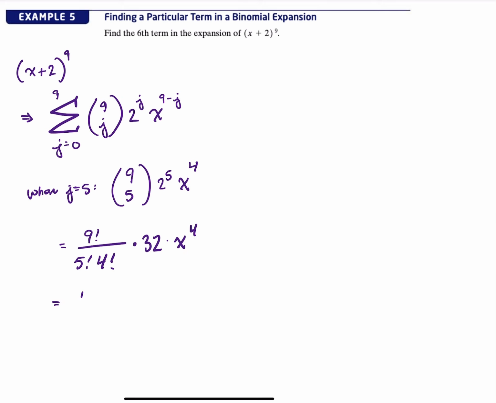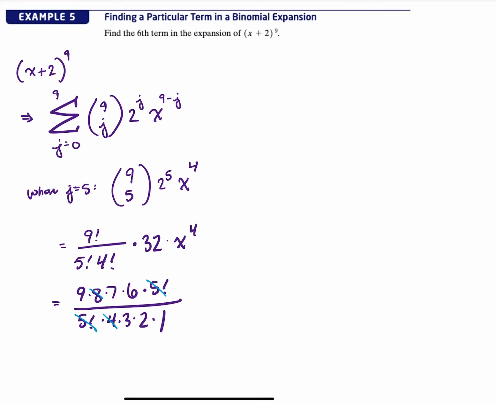So that'll be 9 times 8 times 7 times 6. Once we reach 5, that's essentially 5 factorial, 5 times 4 times 3 times 2 times 1. So that'll cancel with the 5 factorial on the bottom. And we'll still have times 4, 3, 2, 1. And you can try and cancel as much as possible.